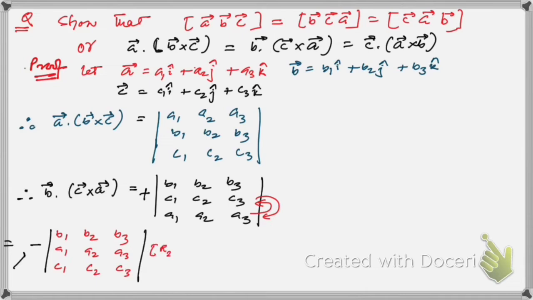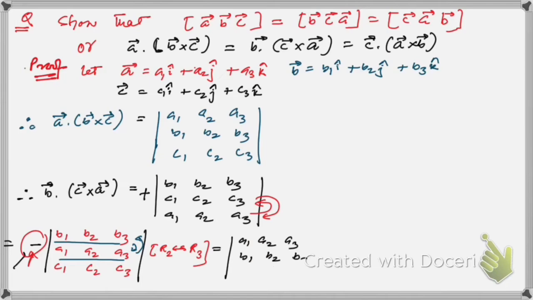Rows 2 and 3 are interchanged, which is why this minus comes here. If you interchange the first and second rows, one more minus comes here, so the minus will be plus. Then you will get this determinant.